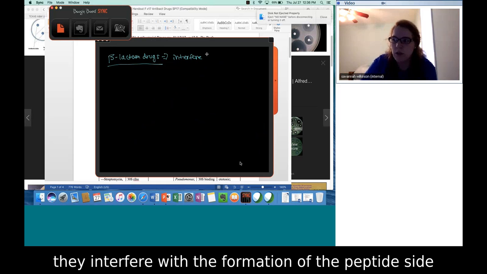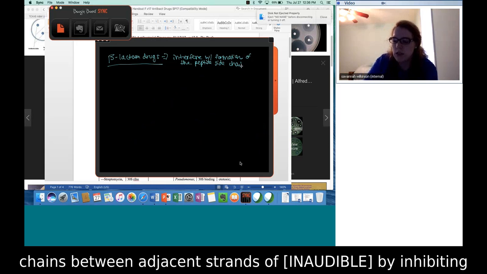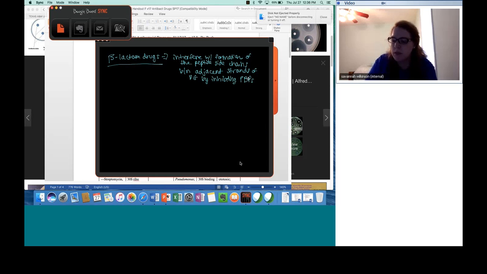They interfere with the formation of the peptide side chains between adjacent strands of peptidoglycan by inhibiting penicillin binding proteins, PBPs.